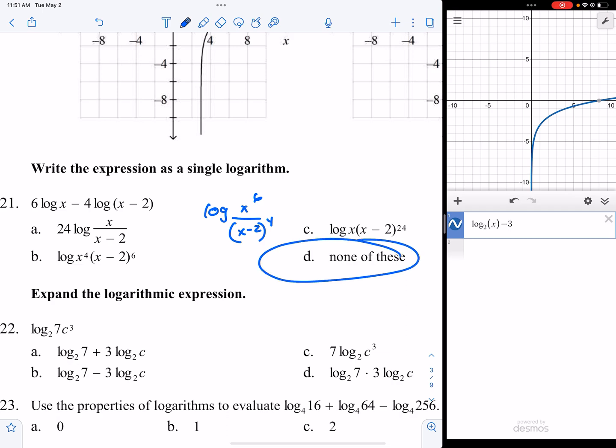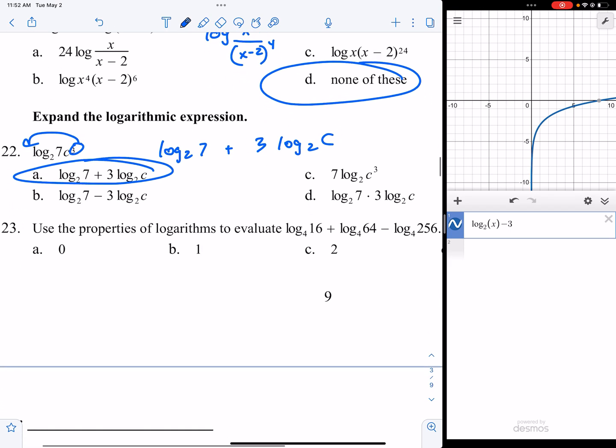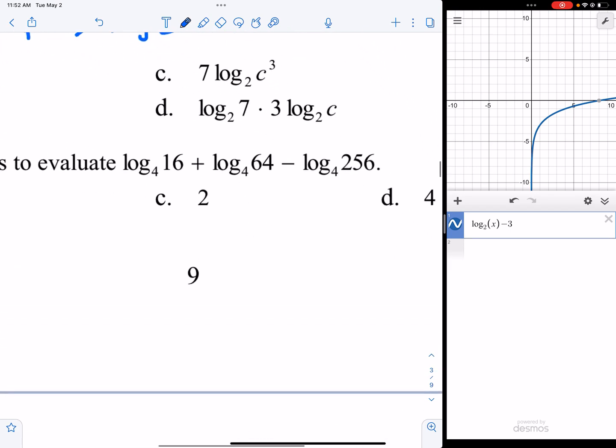I'm going to go with none of these. Expand log base 2 of 7 plus the 3 goes out in front. So 3 log base 2 of C. Okay, so A. All right.